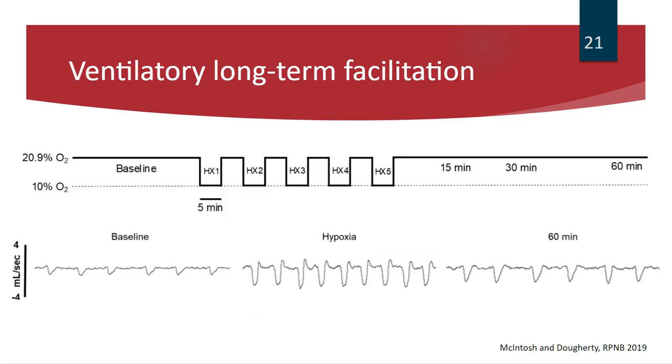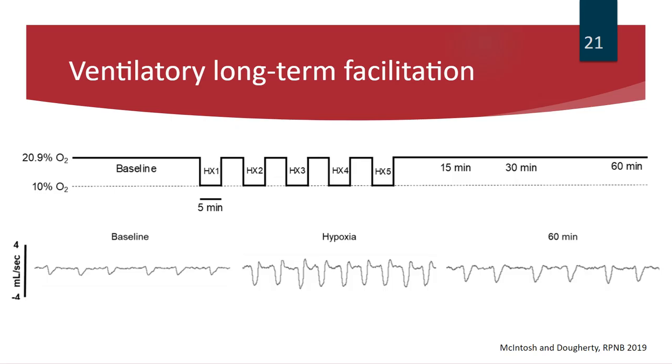However, we can utilize this particular system to look at the induction of neuroplasticity on a more systems level. For example, we have our baseline output, which is the trace that I just showed you in the previous slide.